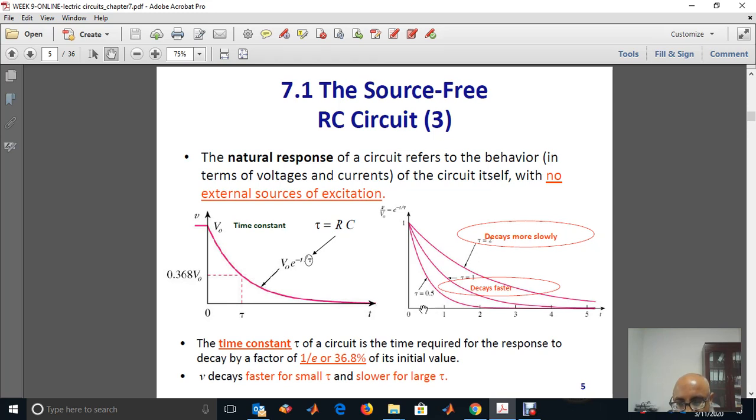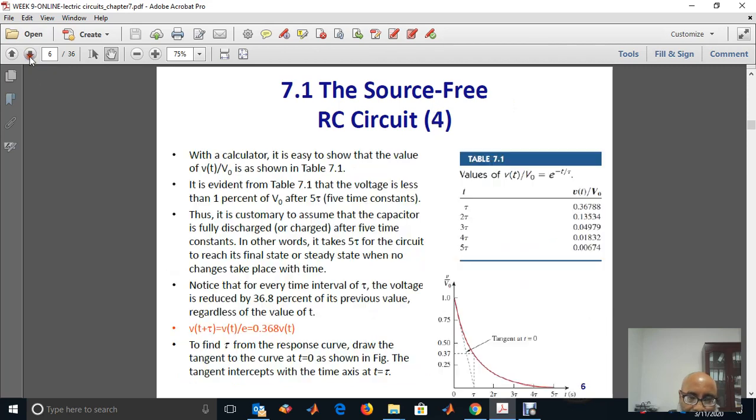As we increase the time constant, the capacitor voltage will decay slowly, or in other words, when the time constant is smaller, the capacitor discharges more quickly. Actually, it is also the same when it is charging, which we will see in the step response.